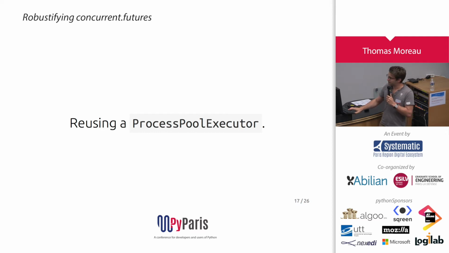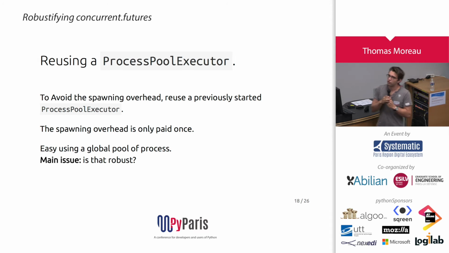The big question is, is this interpreter robust, and won't I introduce some really hard to debug bugs? One of the main issues with reusing the process pool executor is that it's not super robust. It's actually quite easy to create a deadlock using the process pool executor.